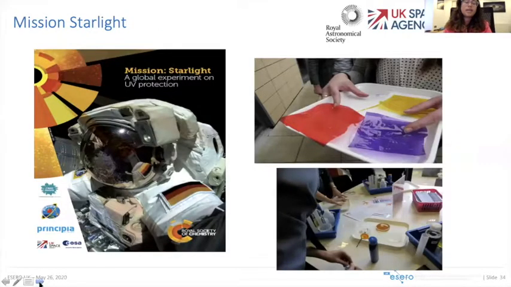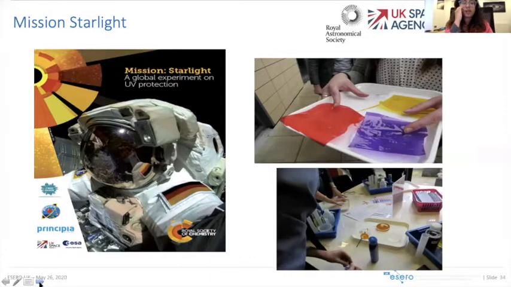Mission Starlight is a chemistry experiment looking at the different materials used to design spacesuits and thinking about protection from ultraviolet light. So the resources include UV beads and different filters of different pieces of paper of different colours.